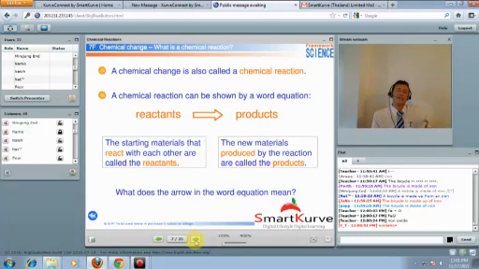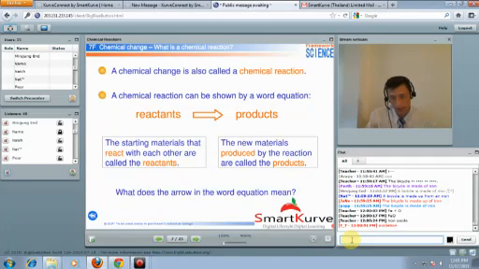Okay, let's go to slide 7. A chemical change is called a chemical reaction. A chemical reaction can be shown by a word equation, reactants and products. Let's go into the example of the bicycle. What are our reactants? Let's look at that oxidation.